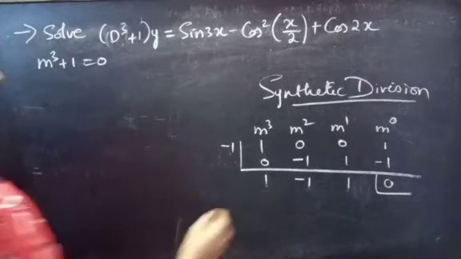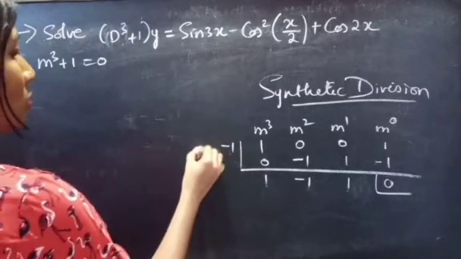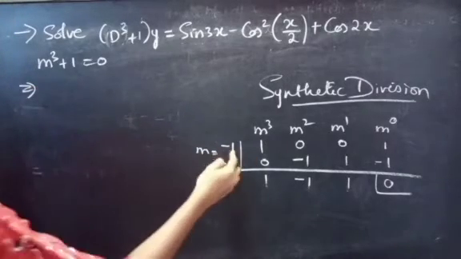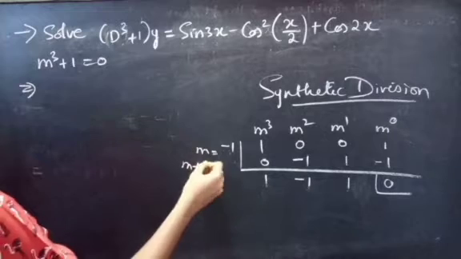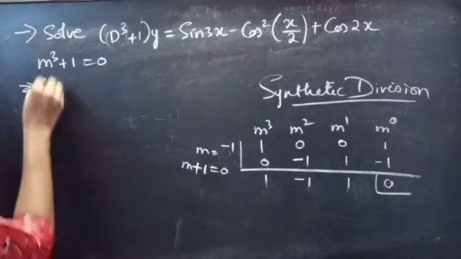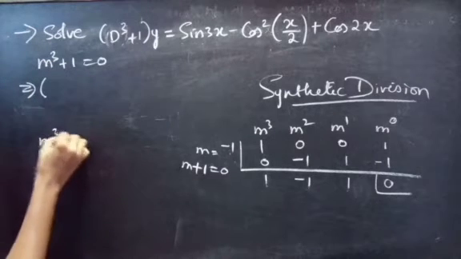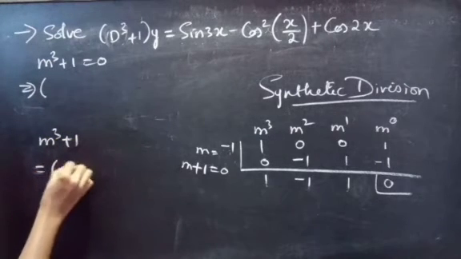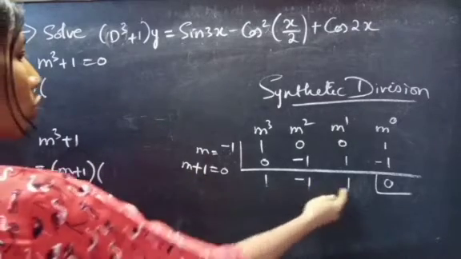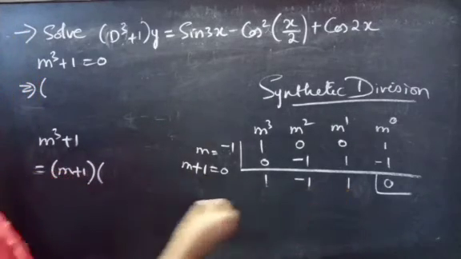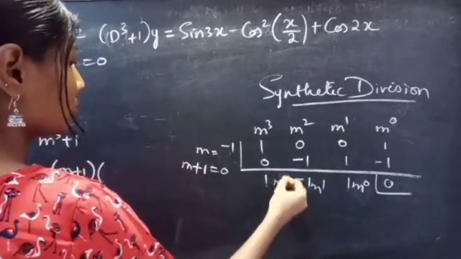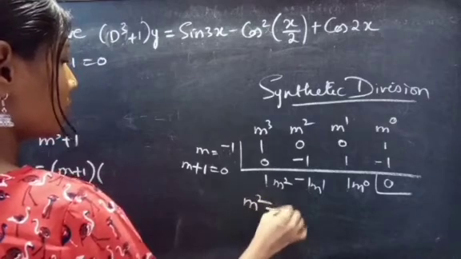Okay, fine. So from m equals to minus 1, we'll get one factor. We'll get just m plus 1 equals to 0. So here m plus 1 is one factor. We can write m cube plus 1 as m plus 1 into the polynomial obtained from these three numbers, that is m square minus m plus 1.